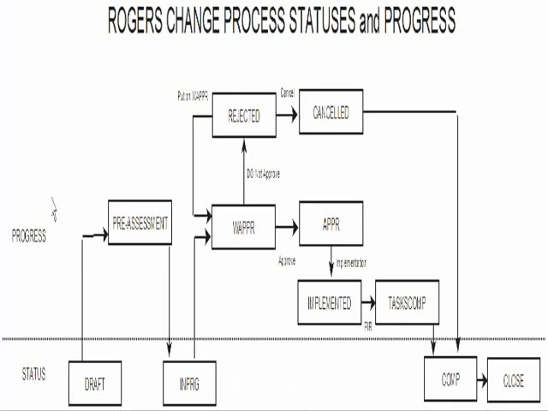So you will see the status field has the value draft and the progress field has the value pre-assessment. Then you follow the routine process, which is to fill in whatever values you want for the change ticket, and then save the ticket.